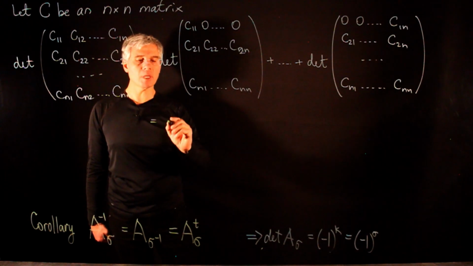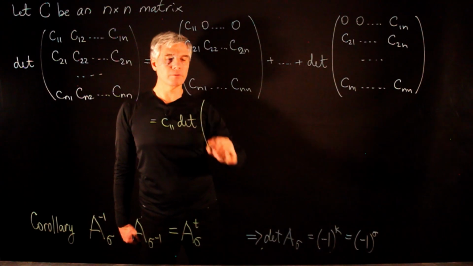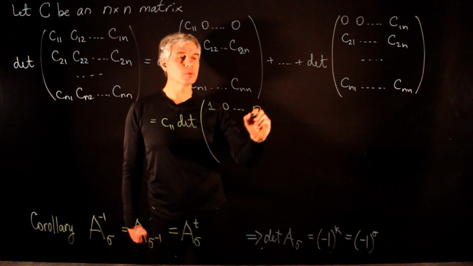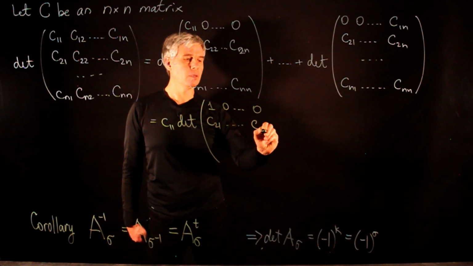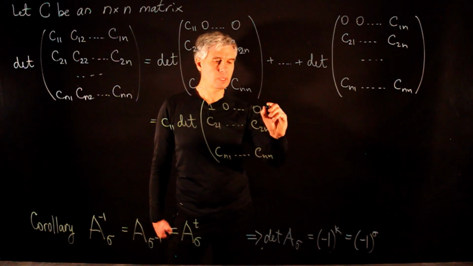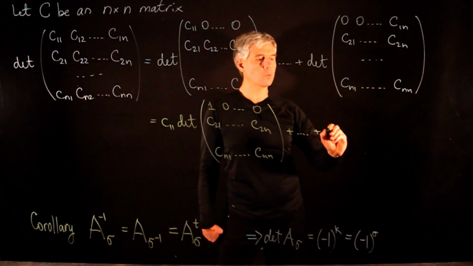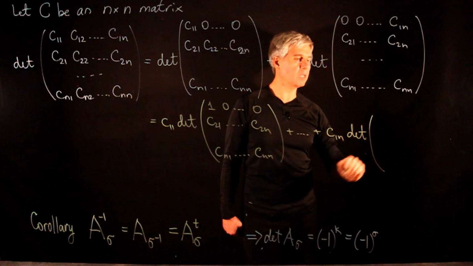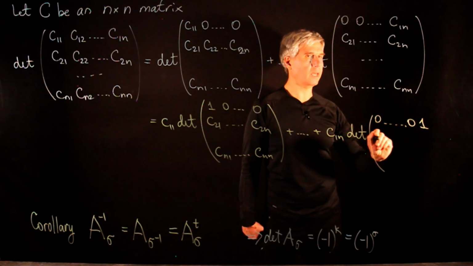So this can be written as C11 times the determinant of the following matrix, where we have 1 and then all zeros, and everything else is unchanged. Plus, we have n terms, and the last term will be C1n times the determinant of the matrix that has all zeros and then 1 at the end.